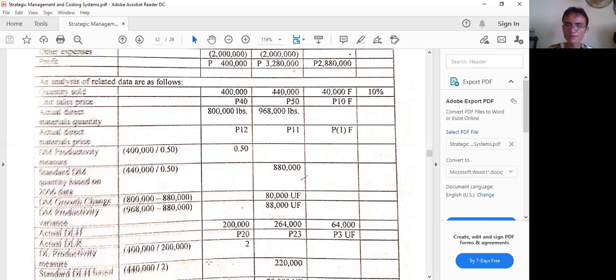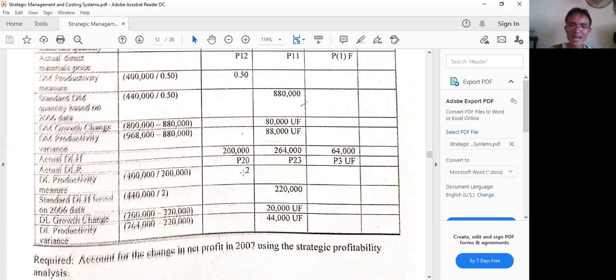So that's why variances could be arrived at. Of course, we've known that about variances. And then another one is the growth change is unfavorable because the 800,000 is lower than 880,000. And on the other hand, the actual is higher than the standard. So that's also unfavorable to the company.